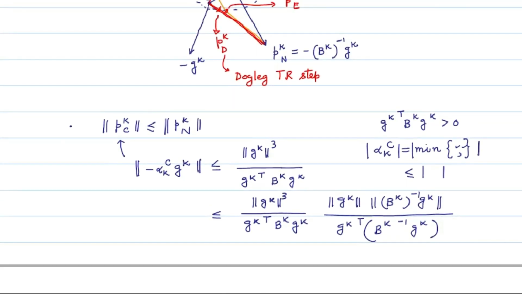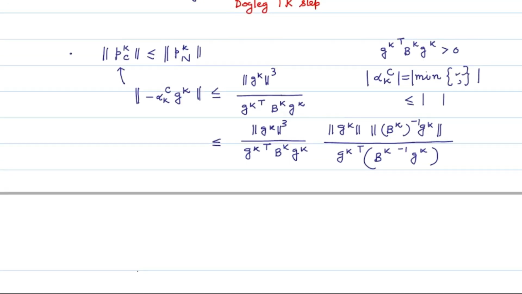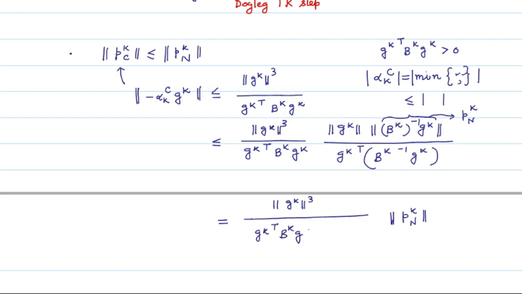Now here we see that this portion, B_k inverse g_k, is the full Newton step p_k^N, and this norm of p_k^N is then factored with some expression: norm g_k cube divided by g_k transpose B_k g_k times g_k transpose B_k inverse g_k.